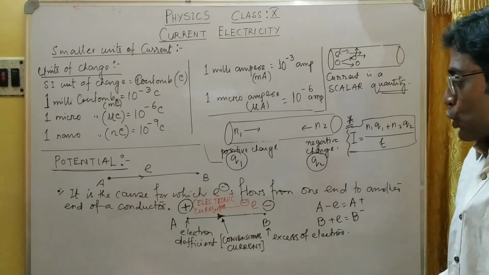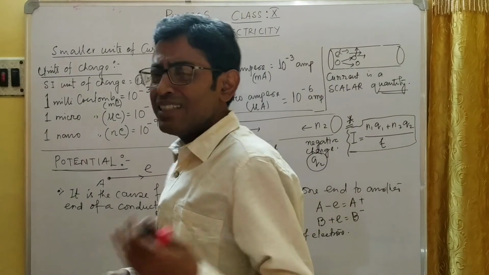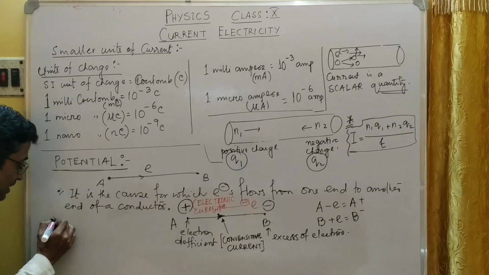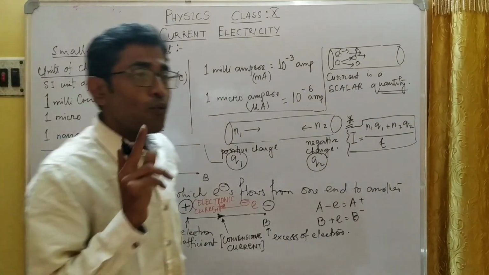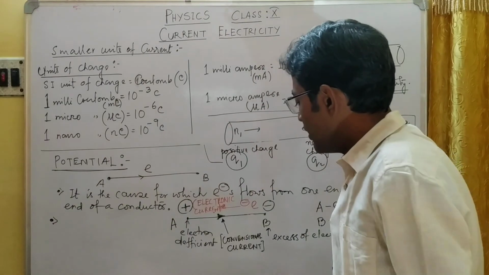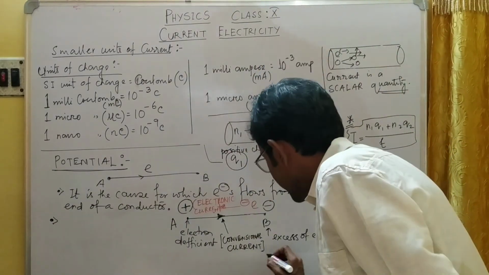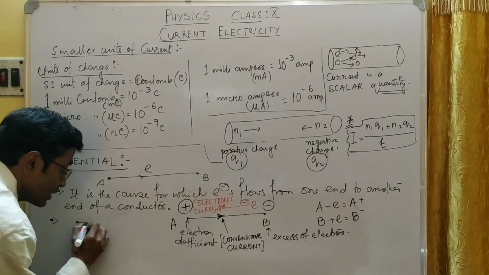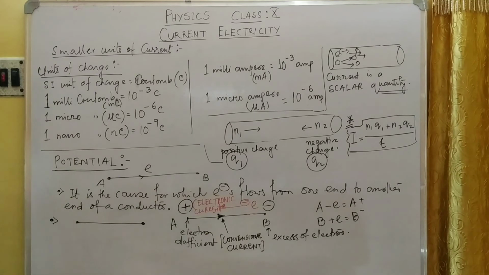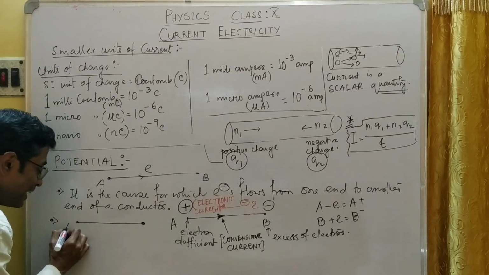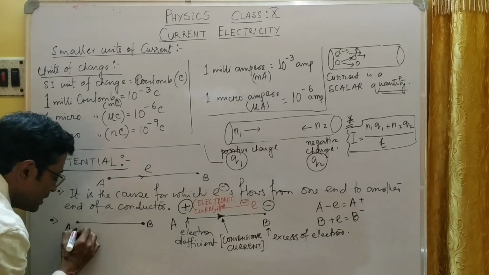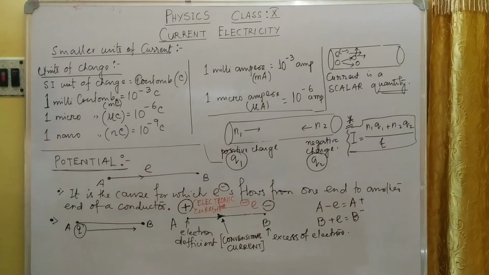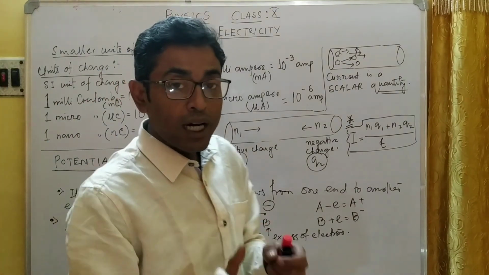Remember this. Talking about potential, another way of presenting it is the amount of work. Say this is a conductor. This is a very conceptual thing, otherwise you will never be able to understand it. This is point A and this is point B. I am taking a charge Q from A to B. So we have to put some energy, some work has to be done.